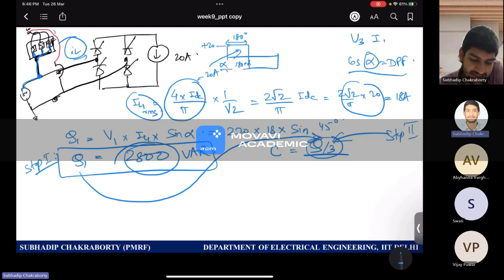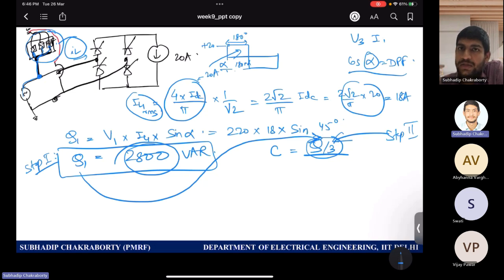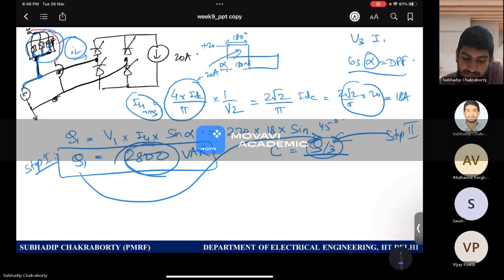Inside this phase, as I have drawn, there are 3 such branches. In all branches, capacitors of equal value are sitting. All those capacitors will be contributing some amount of reactive power at power frequency. I want all 3 capacitors to contribute an equal amount of reactive power such that they sum up to this. Then our supply side will not be burdened with reactive power and we can have unity power factor.